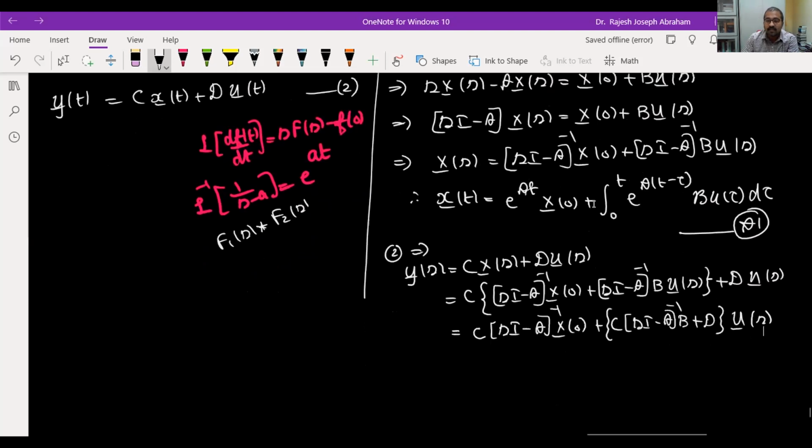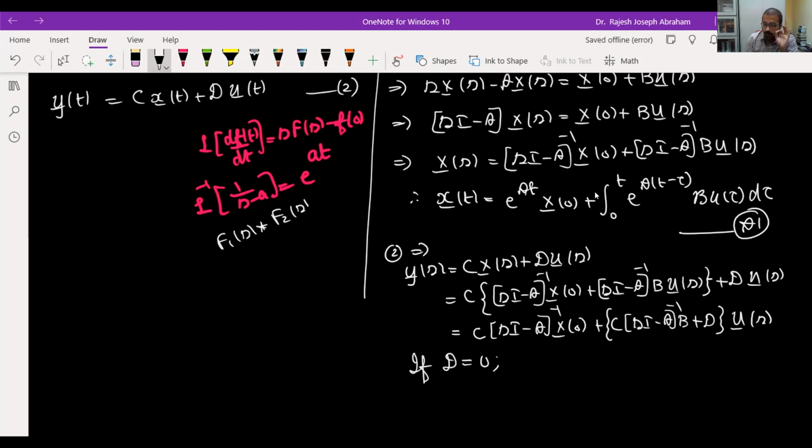Now assume that the D part is 0. Why are we assuming D equal to 0? Because for practical systems, when you derive the transfer function, you will see that they are all proper transfer functions. What do you mean by proper transfer function? The degree of the numerator is less than or equal to the degree of the denominator.